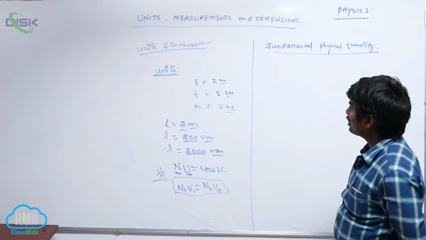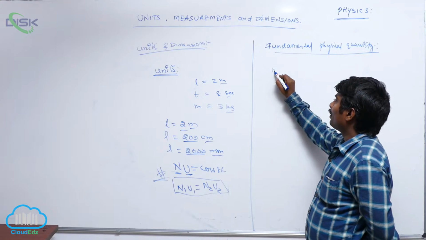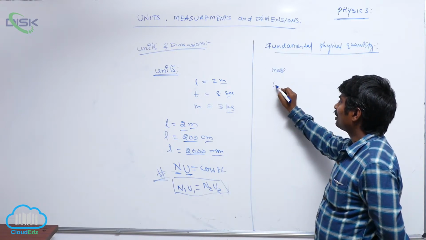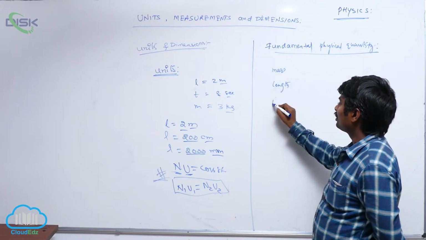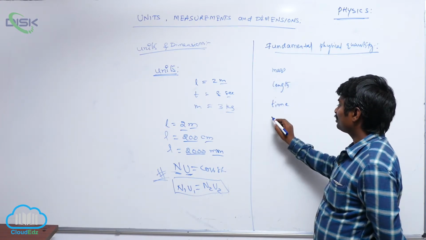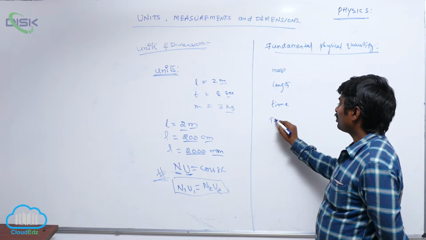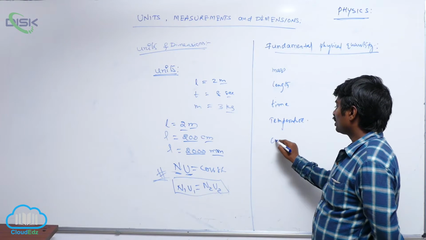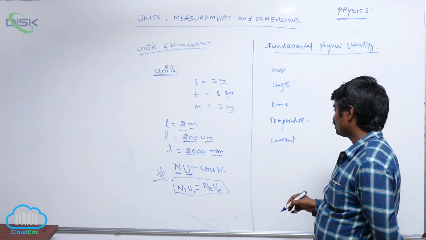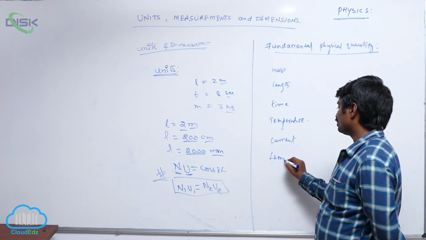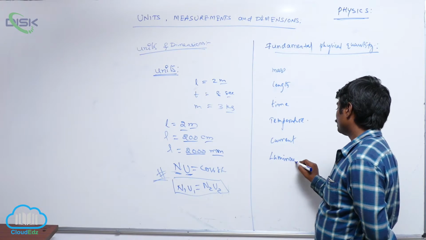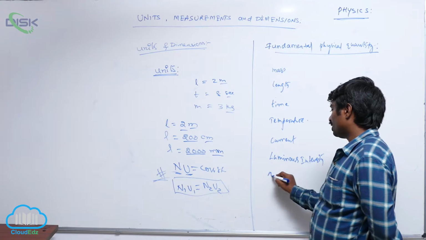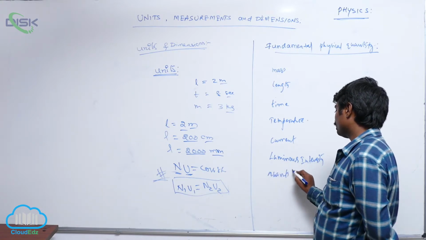Seven fundamental physical quantities, those are mass, and next length, time, temperature, current, electric current, luminous intensity, and quantity of matter.